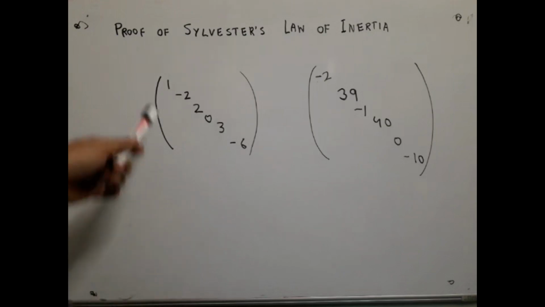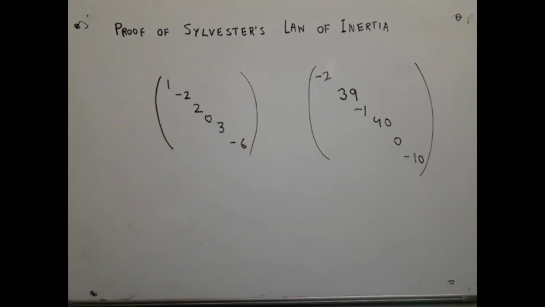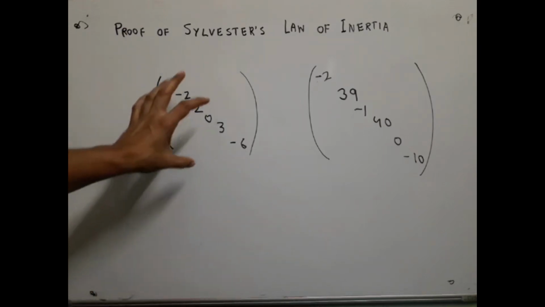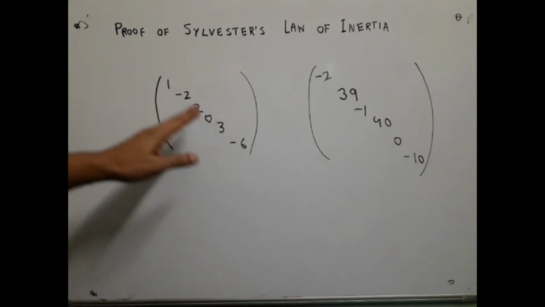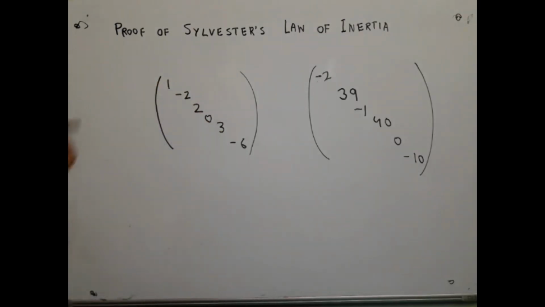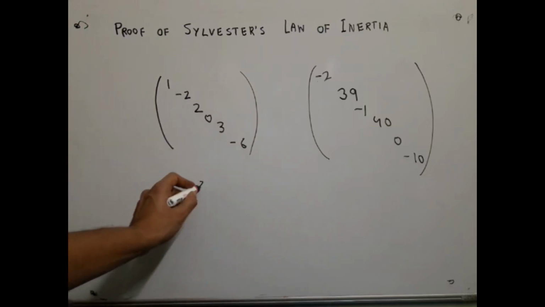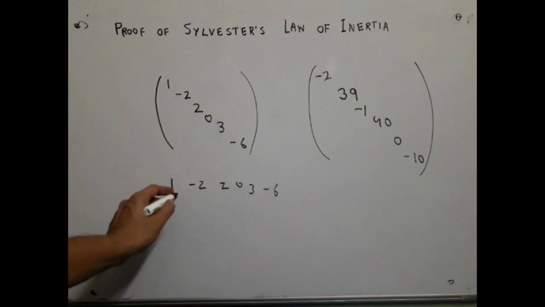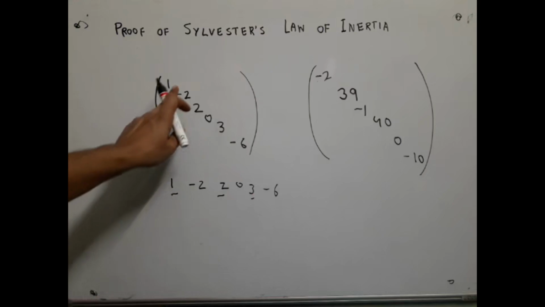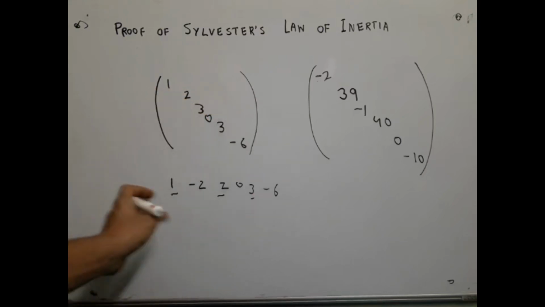Okay, so I have already seen that I am free to permute these things. So what I shall do is, I will first permute these things to bring all my positive entries to the top. So I can do that. Here the entries were 1, minus 2, 2, 0, 3, minus 6. So 1, 2 and 3 are positive entries, bring them to the top, and then write down all the negative entries.